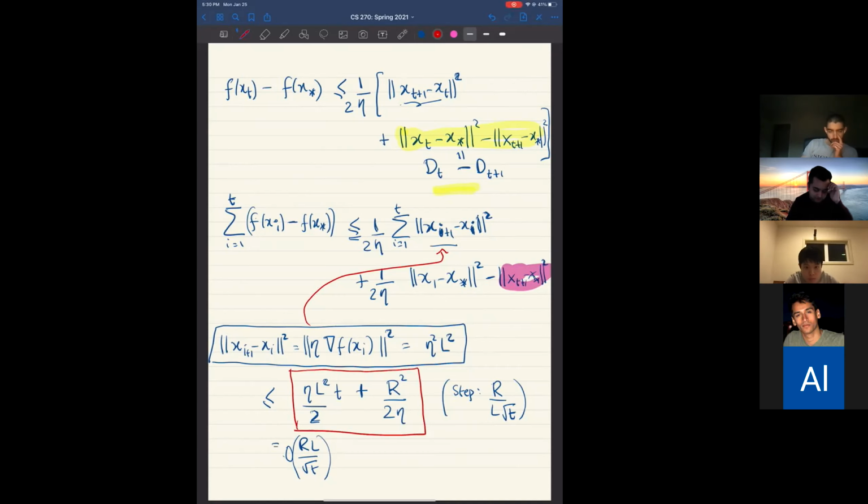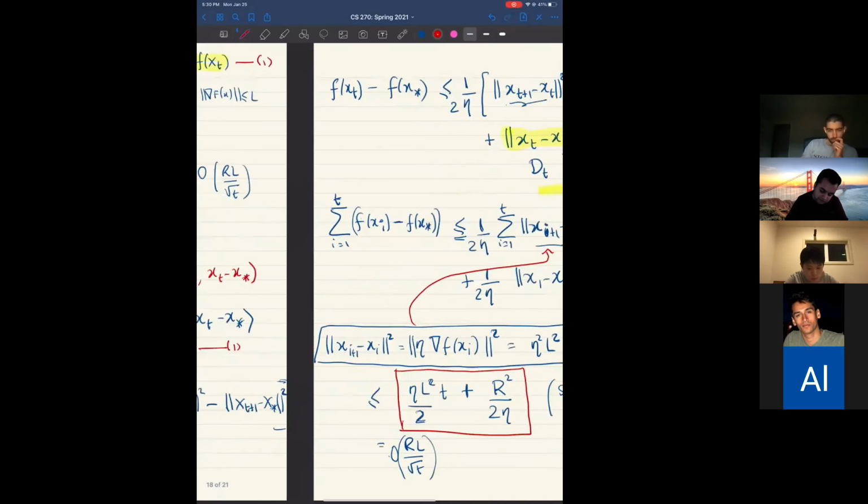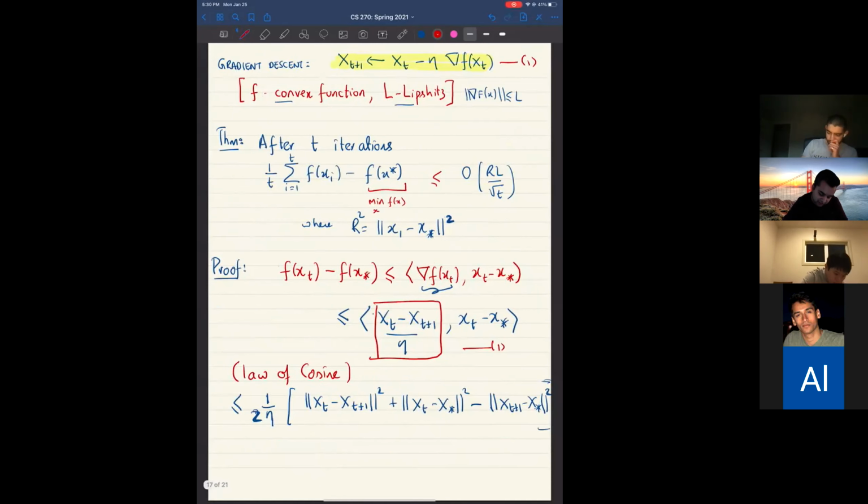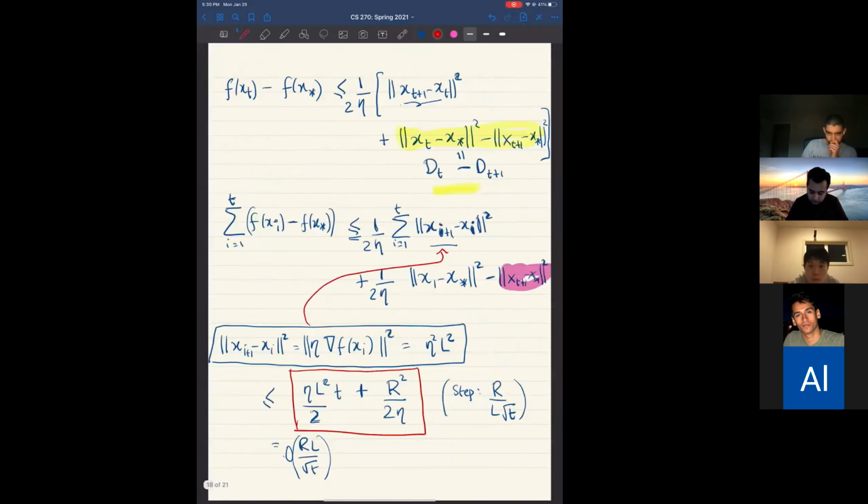This is if you want the best possible rate of convergence for a given t. You could pick this eta, but alternately you can fix an eta that you think is fine, and then pick t large enough. This would still work. Sorry, at the end I skipped another step. What we calculated here is the total error across t steps, right?